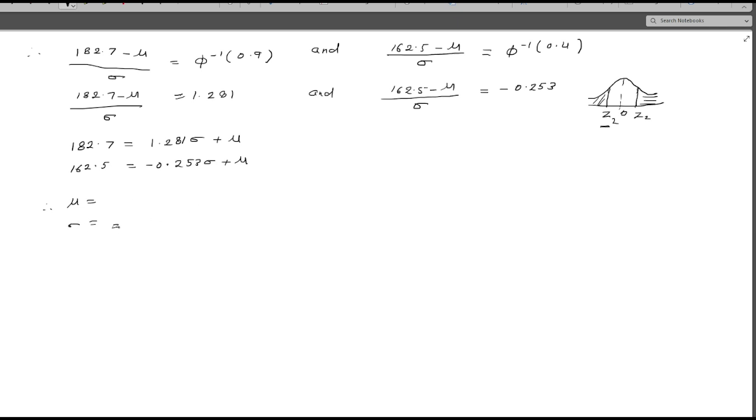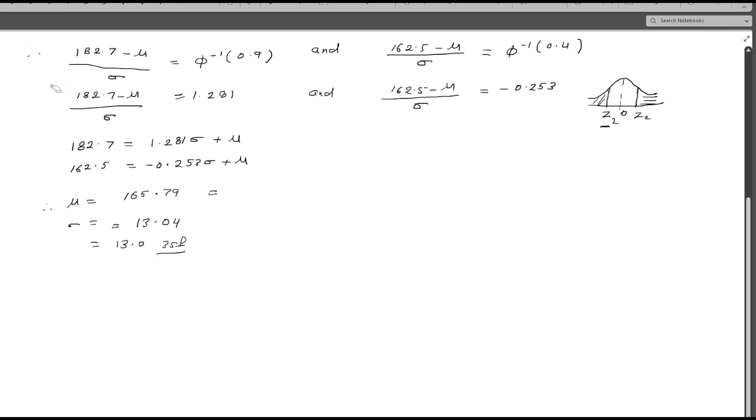So my standard deviation is 13.04, which is 13.0 in 3 significant figure, and your mu is 165.79, which can be written as 166 in 3 significant figure.